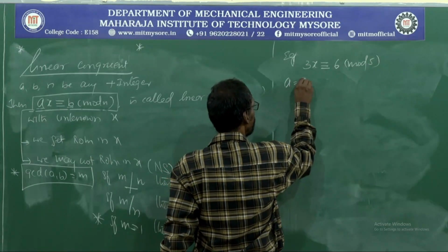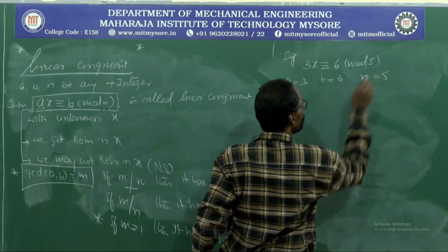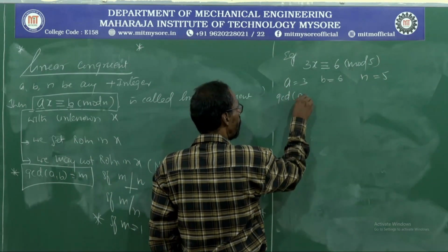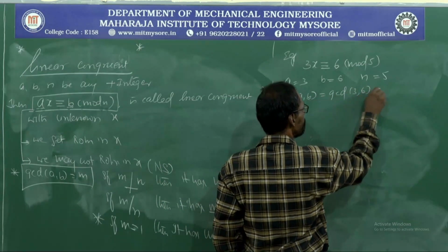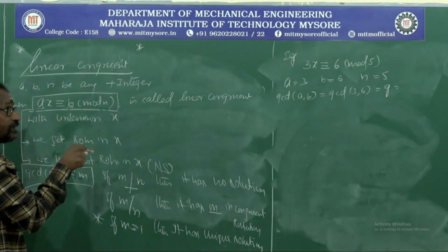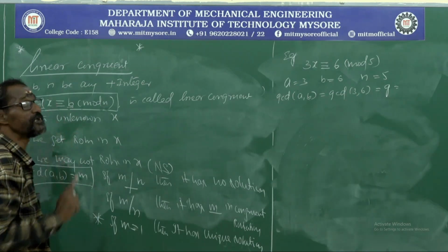Obviously I can write A equal to 3, B equal to 6 and n equal to 5. And what is the GCD? GCD of A comma B, that is GCD of 3 comma 6. Generally we write G. Yesterday I told you why I always use the letter G, because the starting letter of GCD is G.